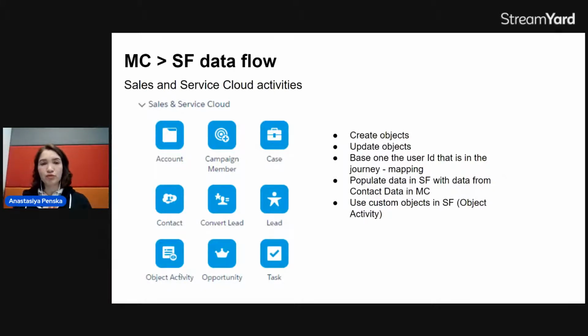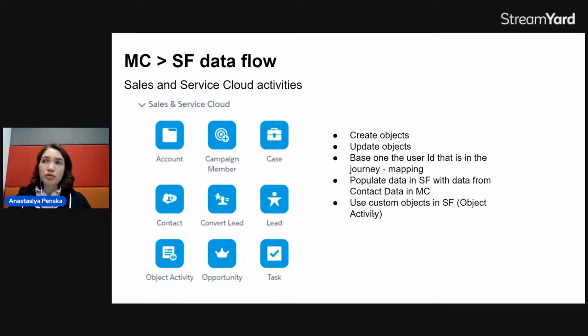So you are able to, for example, say, well, I want to create a task and I want the task to be created for a specific user, and I want it to have the information in the task subject that a certain user is very active in reacting to the email chain in the journey. So basically, you are able to populate the data in this object that you are creating or updating with the data that you have in your journey, for example, the ID of a contact.